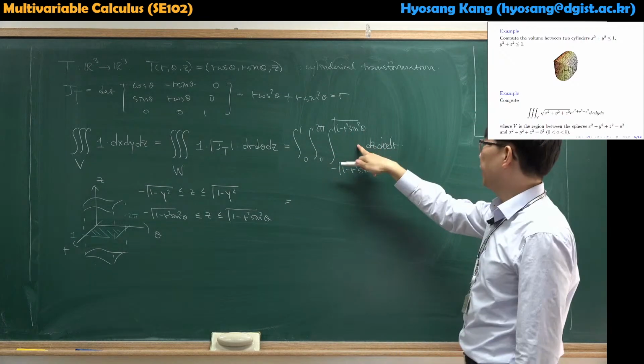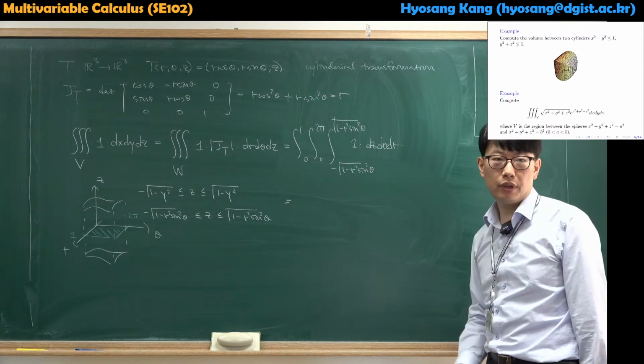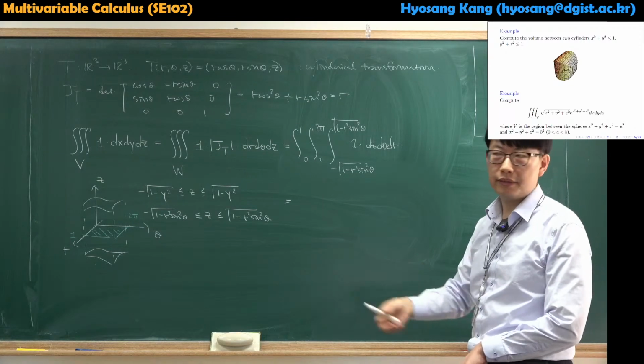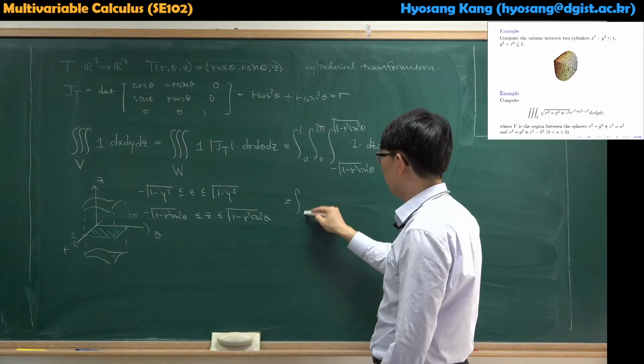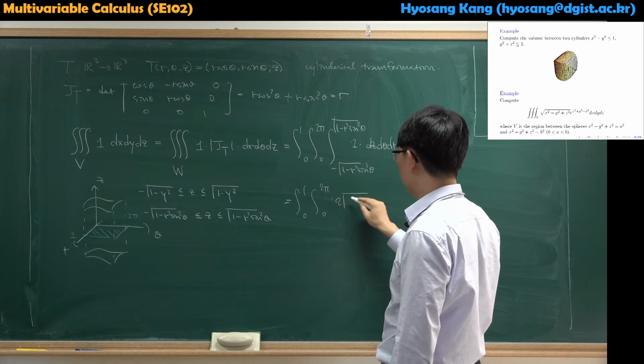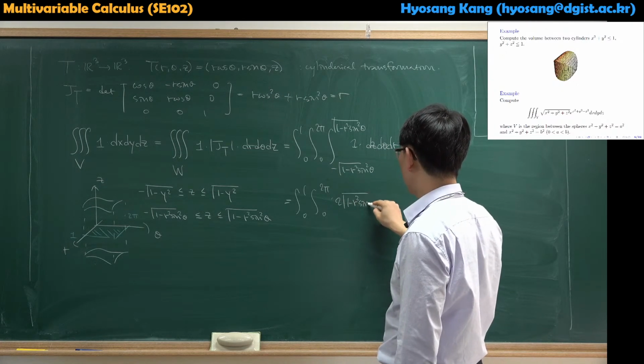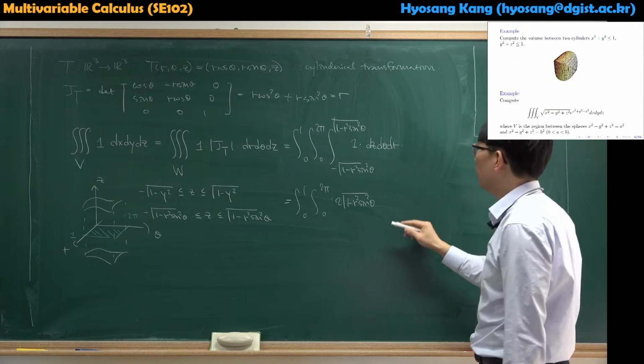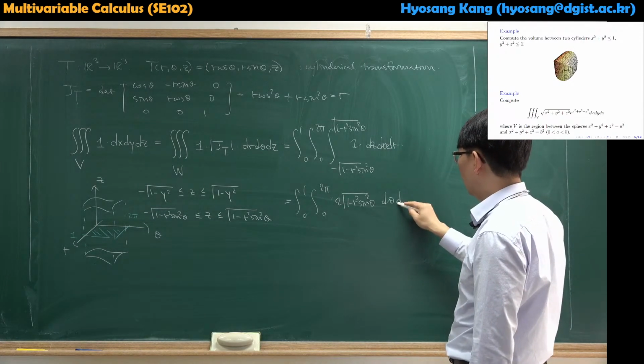So there's 1 here, right? If you take the integration of 1, it's just z. So this is the integral from 0 to 1, 0 to 2 pi of 2 times square root of 1 minus r squared sine square theta, d theta dr.